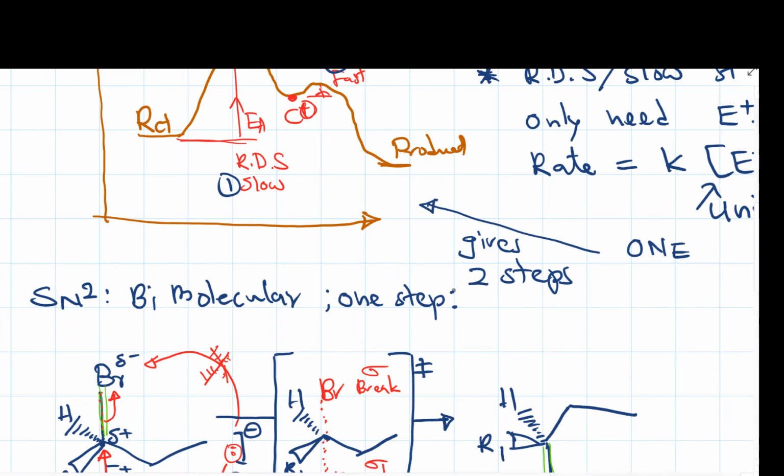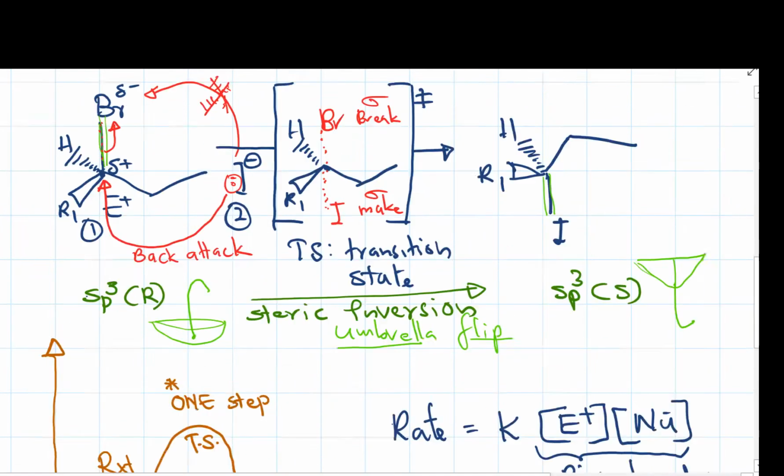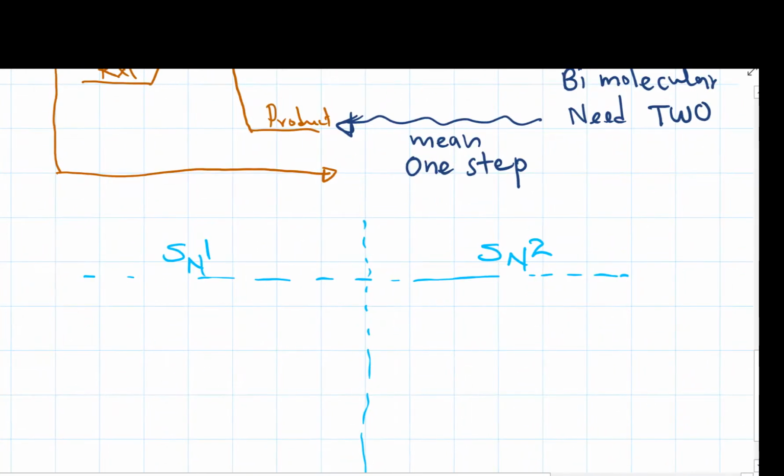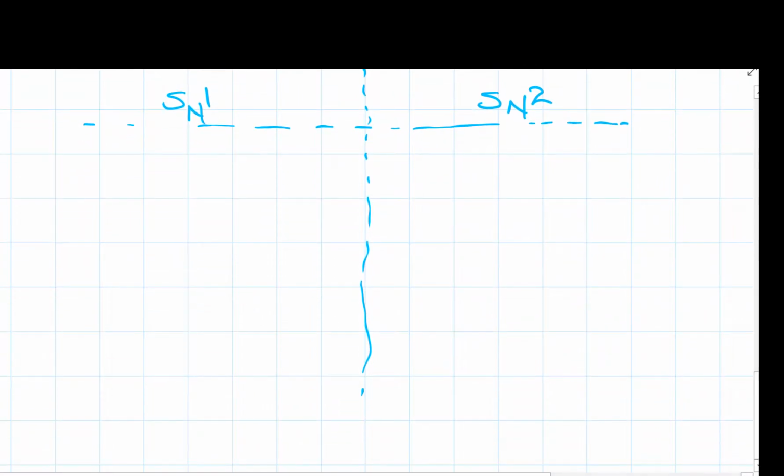Okay. Let's go to the comparison side by side, the decision tree. SN1 and SN2, right? So we're going to start by looking at the character, what we are looking at.